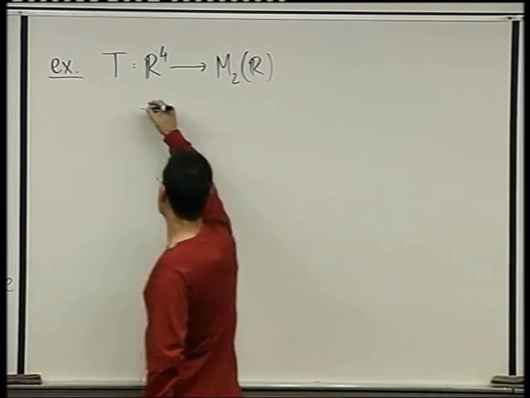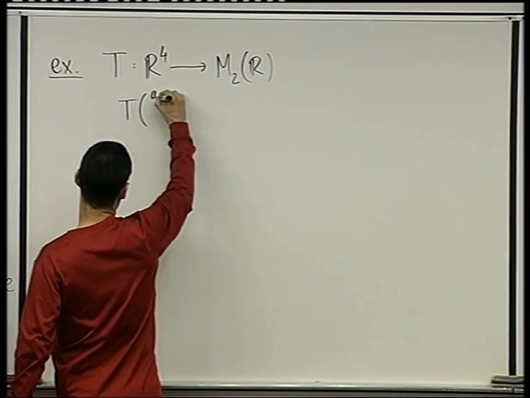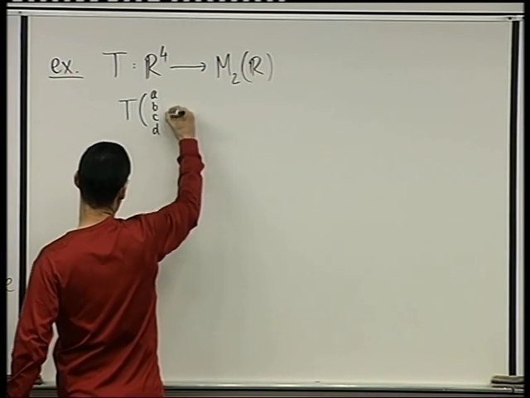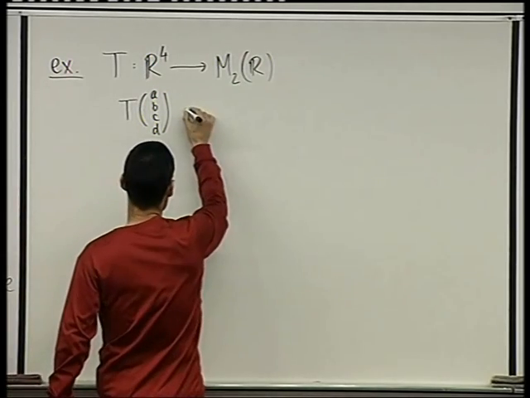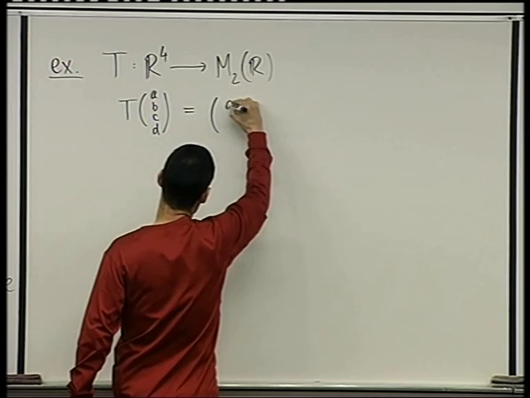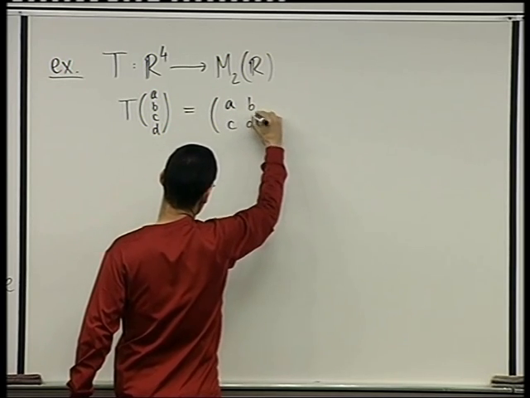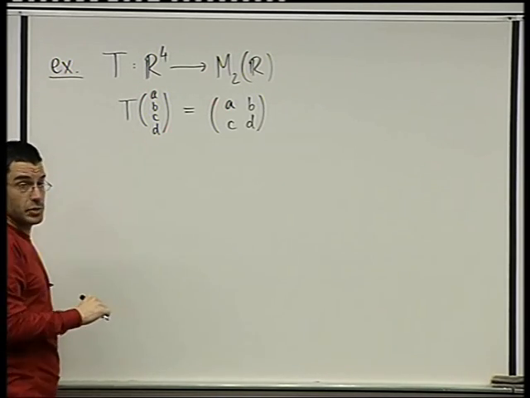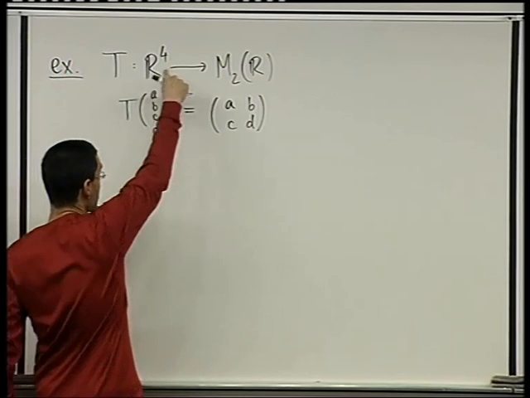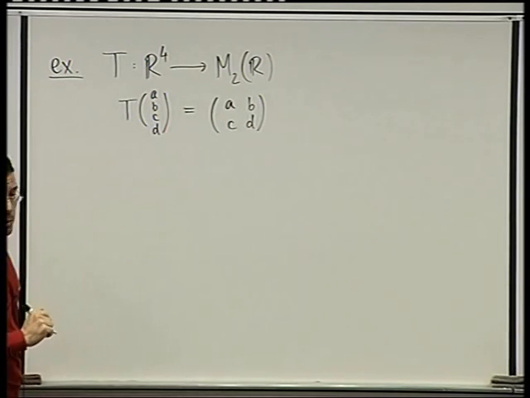The map sends an element of the form A, B, C, D, a general vector in R4, to the matrix A, B, C, D. So the claim is that this map is an isomorphism, and therefore these spaces are isomorphic.